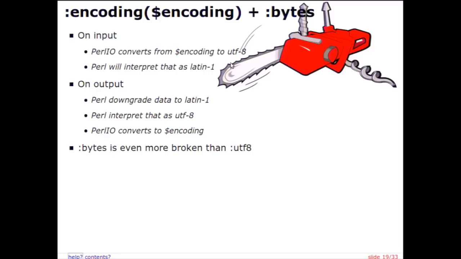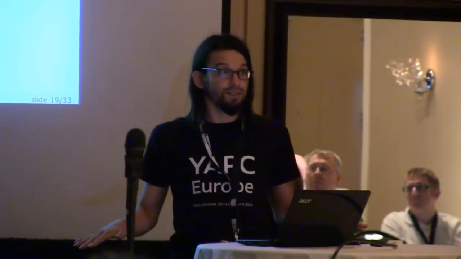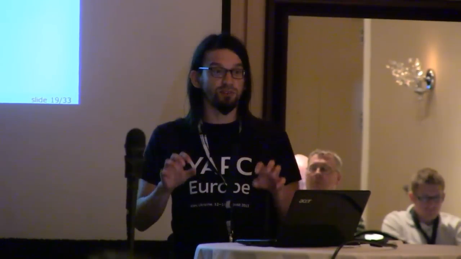But that's not half as horrible as on output. You have valid UTF-8, it gets converted to Latin 1, it gets interpreted as UTF-8, and then converted to whatever. This is just incomprehensible mojibake. Like I said, UTF-8 and bytes are evil. Do not use it unless you're really, really sure of what you're doing.